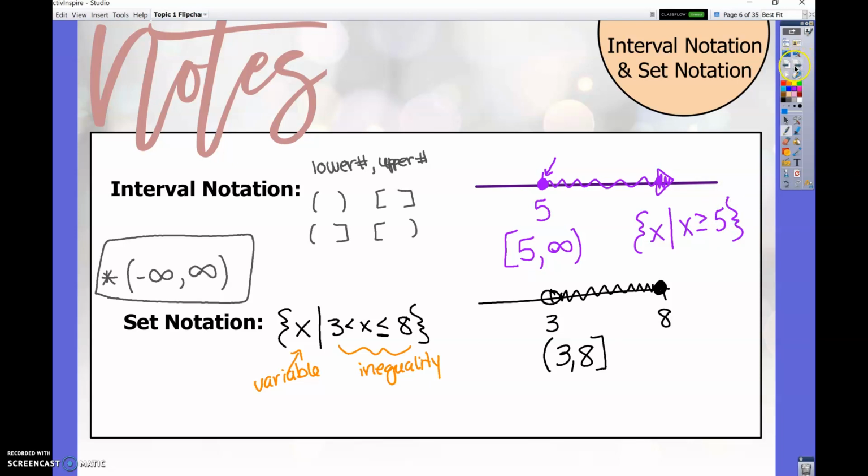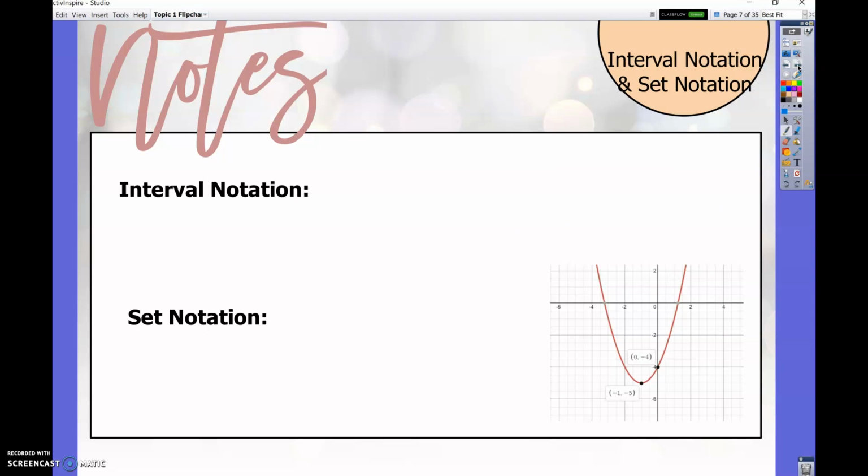Let's try one graph example that you might use both of these notations on. We tend to use the notations with our domain and range. So for example, let's just work with range for right now, since that's not the focus of our video. But as you may or may not know, range is all the y values that a graph encompasses.